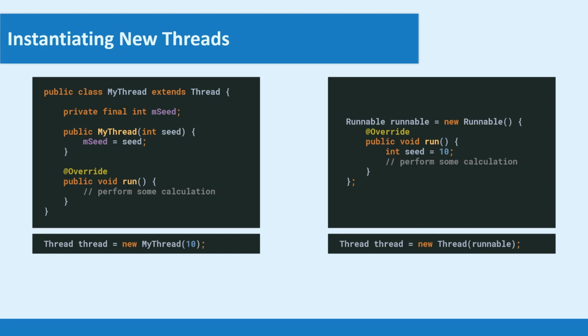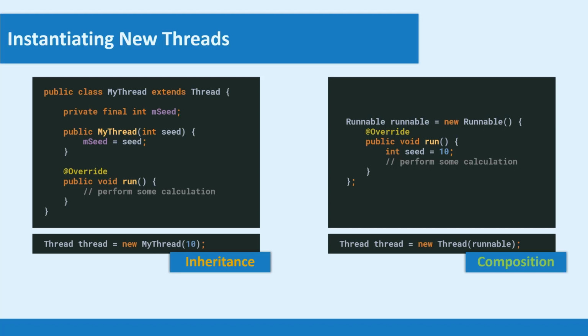And the reason for that is that the left approach demonstrates the use of inheritance. So you basically inherit from the Thread class and override its method. The right-hand side demonstrates composition. So you pass a Runnable object that simply encapsulates some code into a new Thread class.